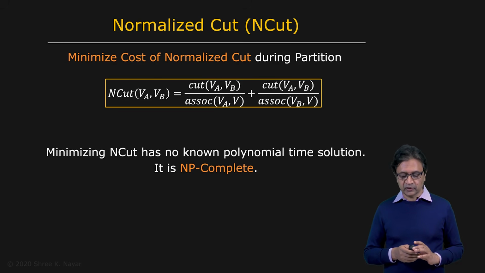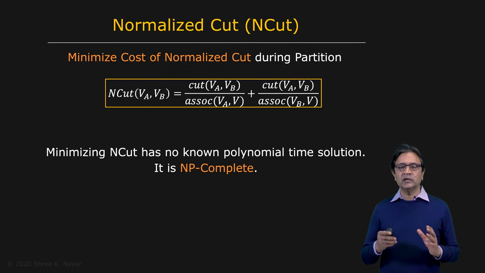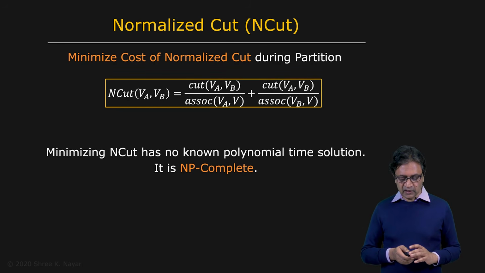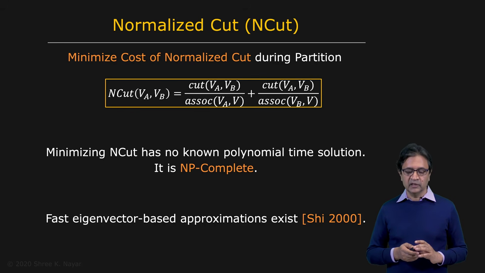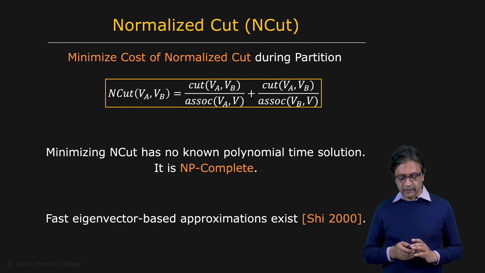It's an NP-complete problem, but there are many approximations that have been suggested. One of the popular approximations was suggested by Shi, which uses fast eigenvector-based approximations. These are called spectral methods, and they were very widely adopted for segmentation problems.